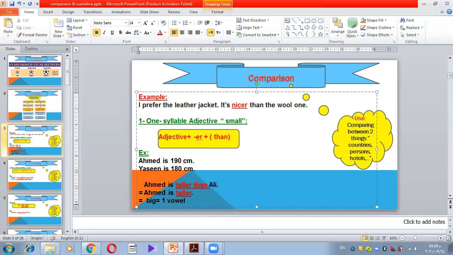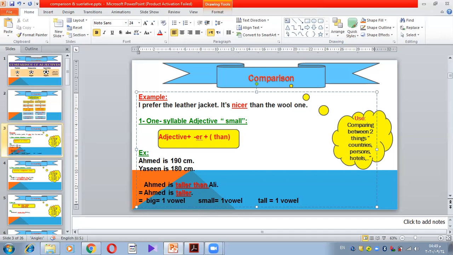Let's see another adjective. We can write it here. Small. How many vowels do we have? It has one vowel. If I say a word like tall, how many vowels do we have? One vowel. Very good.